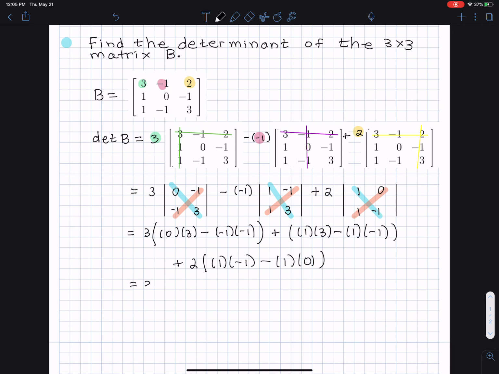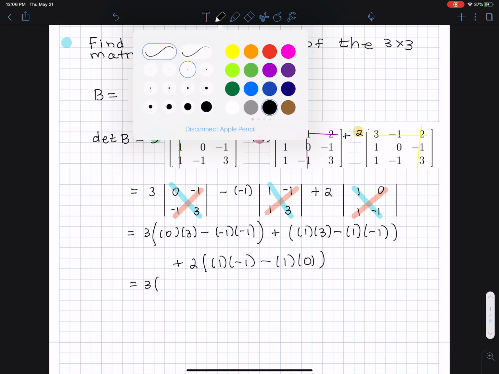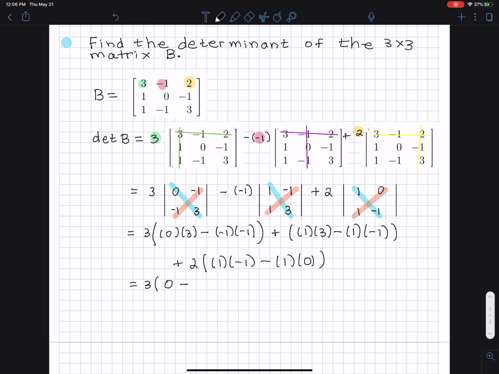All right, so we're going to get 0 minus 1 for that 3 times 0 minus 1 plus 3 plus 1. There are all these positives and negatives multiplying, so we have to know those rules.